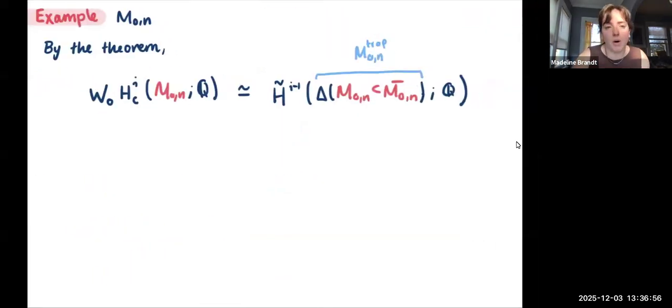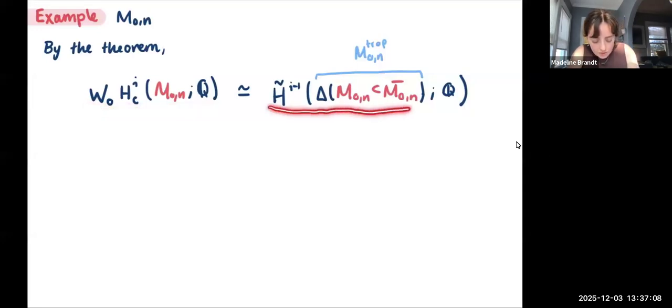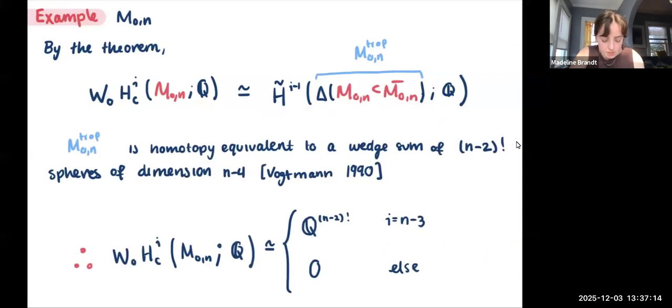So here's an example. Let's go back to M_0,n. By the theorem, if I want to say something about the cohomology of M_0,n, then I can just look at this tropical moduli space. And this space has been studied for a long time because it's also the space of phylogenetic trees.